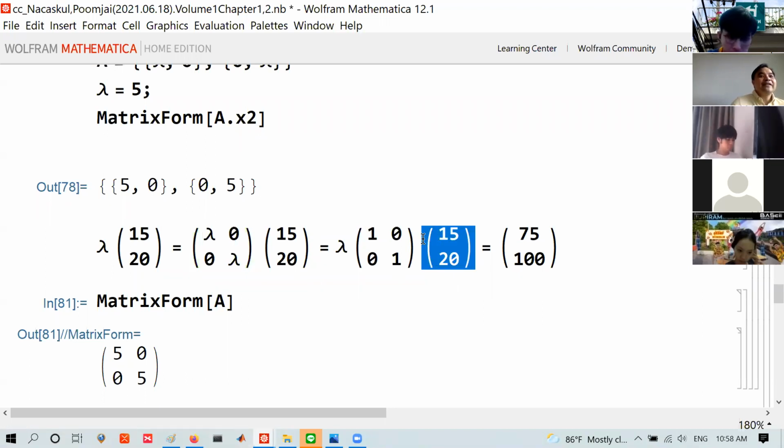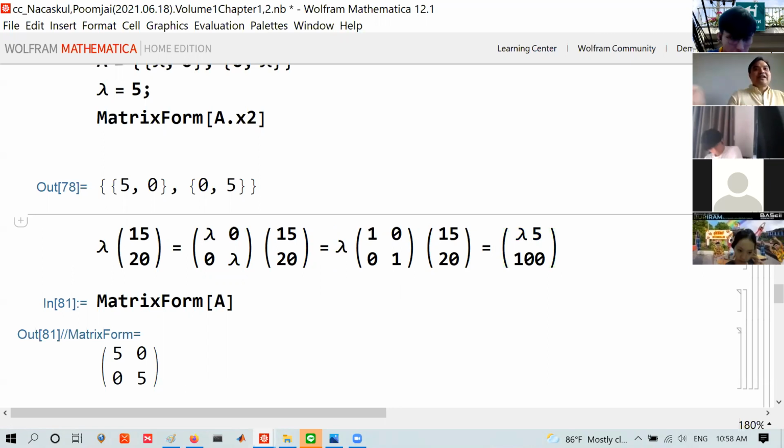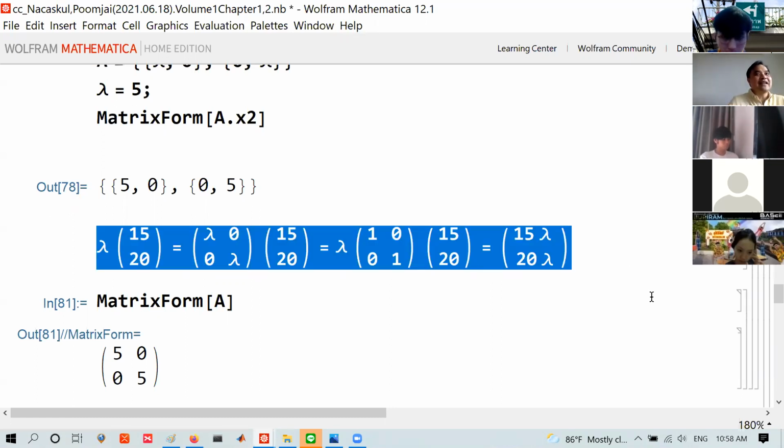Take a vector, multiply by a matrix that does nothing, then stretch it by lambda. So it becomes the same thing. So this is going to be equal to lambda times 15 and 20 times lambda. Same thing. So this is exactly the same thing. One is the same thing as another.